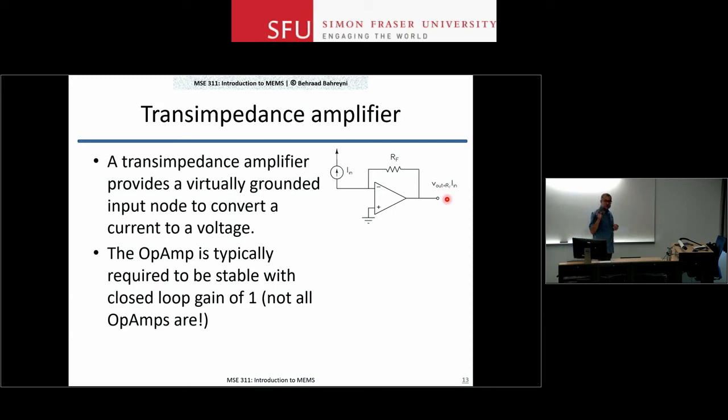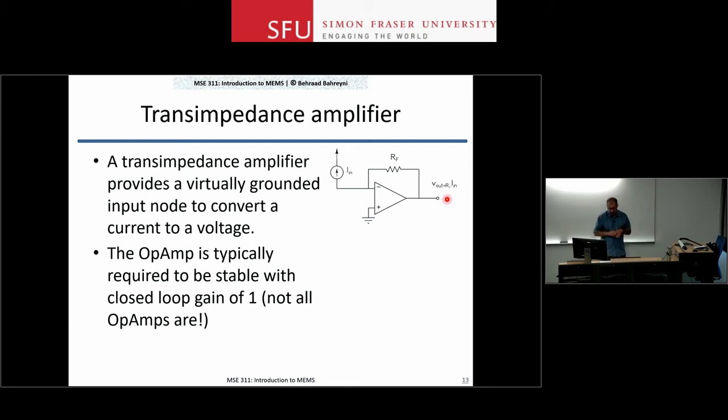If it is not stable with a gain of 1, you can still use it as a transimpedance amplifier, but you most likely have to add compensation capacitors here and there. The design becomes a little bit more challenging. For most typical applications that you are dealing with, that is not worth the effort. Just go and pick a better op-amp or a different op-amp.